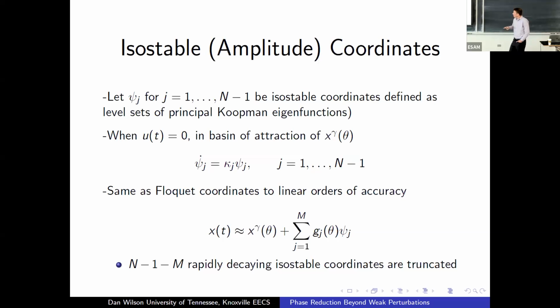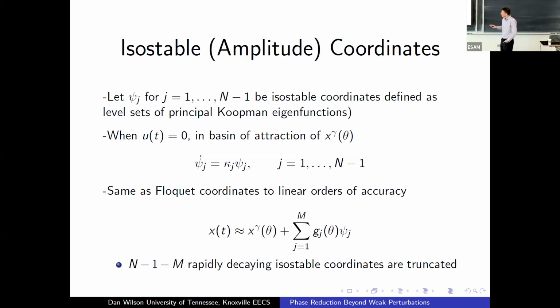So isostables can be formally defined as level sets of Koopman eigenfunctions. They have this nice property that in the basin of attraction of the limit cycle, I have my isostable coordinate just having some exponential decay, where this kappa j here is the Floquet exponent associated with the monodromy matrix of that periodic orbit. To linear order of accuracy, these are the same as Floquet coordinates.